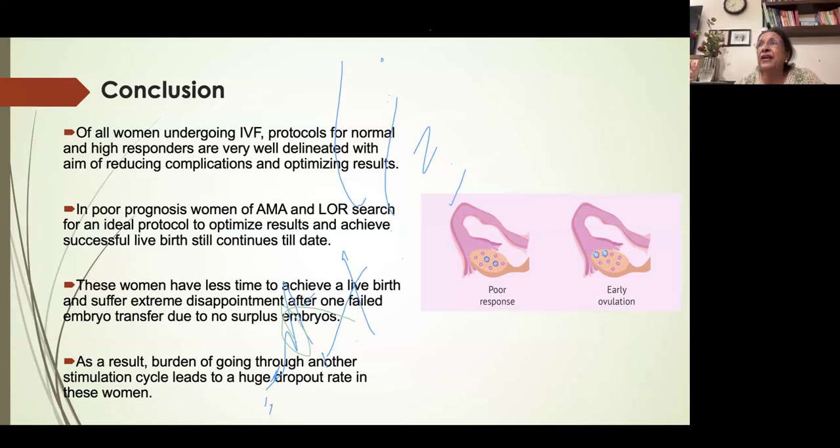In our country, donor egg is still easy to get, but not in all countries. And donor egg takes away the whole genetics of the woman. In today's world, where empowerment of women is being done, donor egg is not taken very kindly.